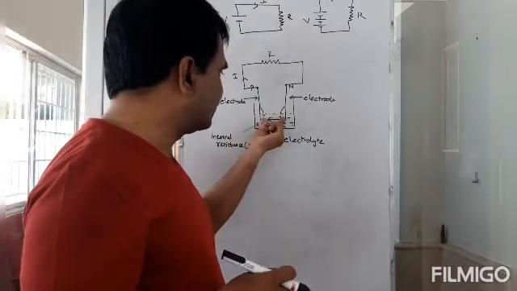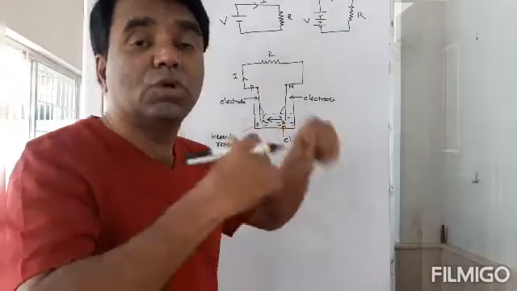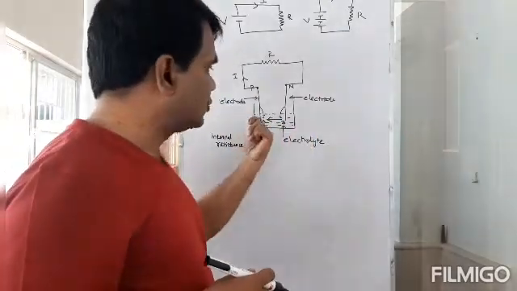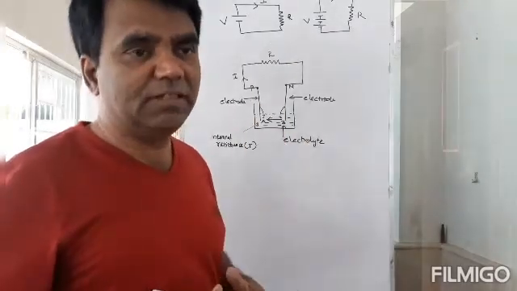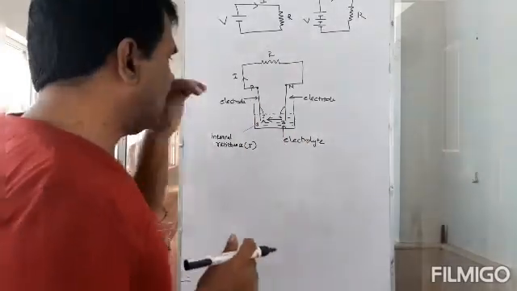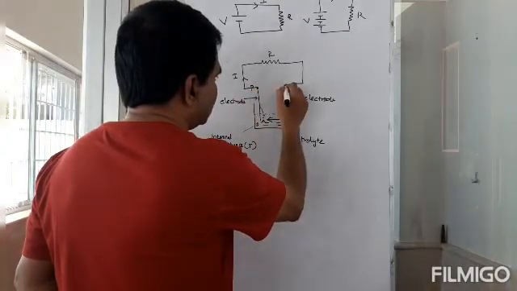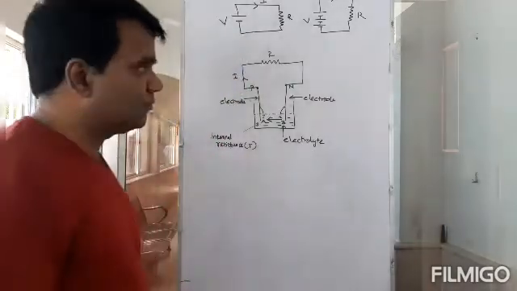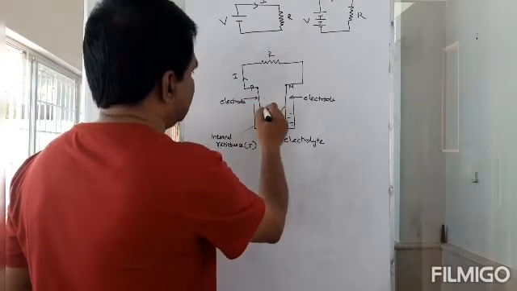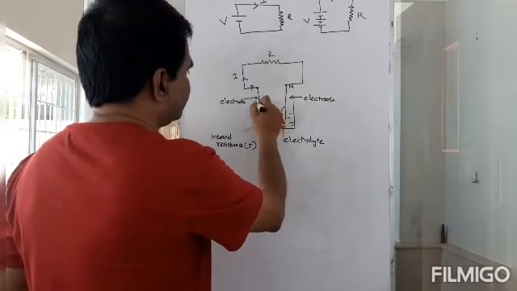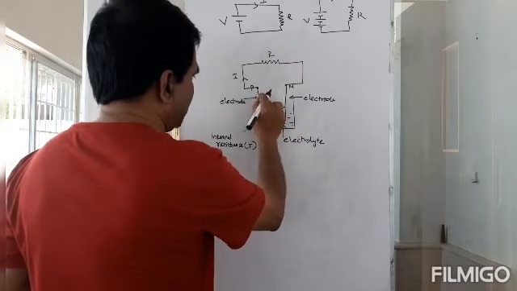So the potential will not be the same throughout the electrolyte now. So there will be a potential difference between A and B. Previously VA was equal to VB when no current was flowing. But when current flows, there would be a potential difference between A and B. Okay, just keep it in mind. So clearly, what would be the potential difference between P and N? Okay, so I said previously, when no current was flowing, this was positive.